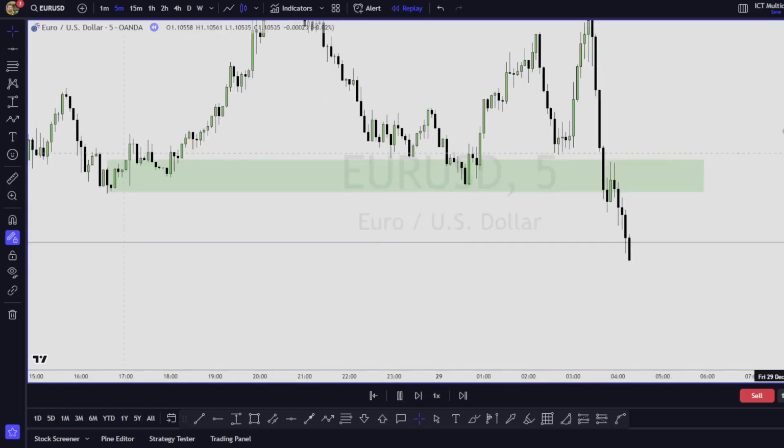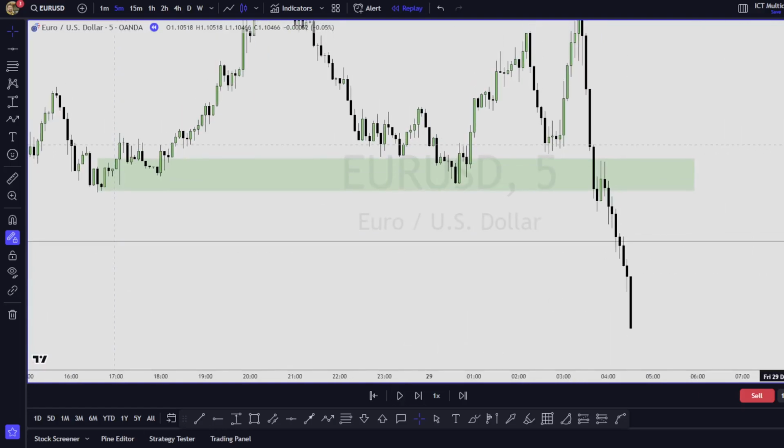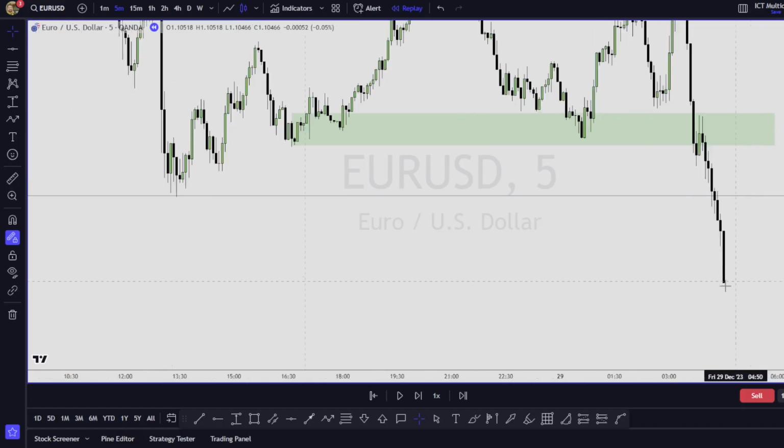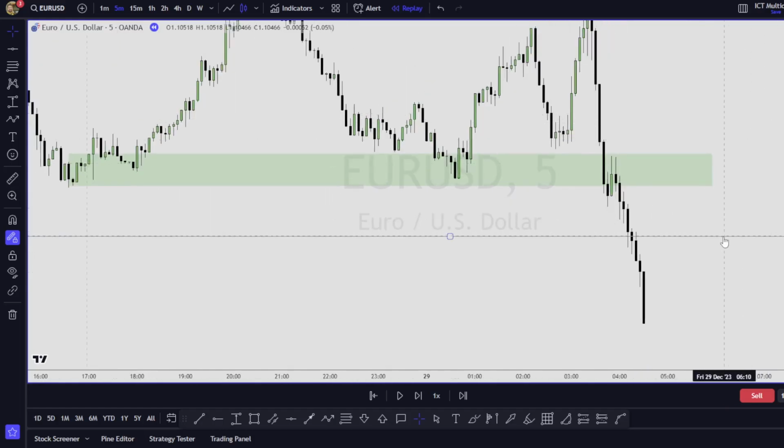So wait for some manipulation. The manipulation might happen at the support level, or else it might break the support or the resistance levels, and after the impulse move, the big move, after grabbing the liquidity, it might manipulate here and then it will go up. So you have to watch it carefully.